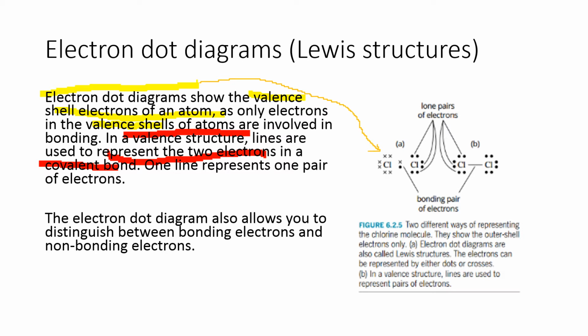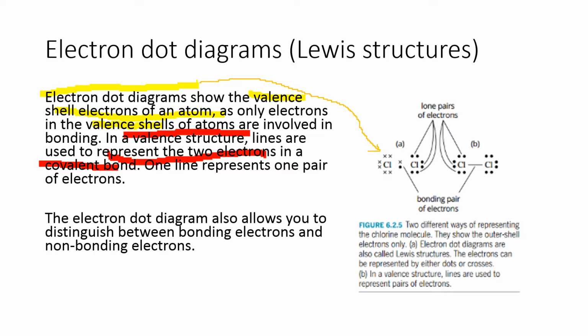If you look at diagram A, one electron is being shared by each chlorine atom. Eventually, you have Cl2. The bonding pair of electrons is represented, and the lone pair of electrons is represented by the dots or crosses, as you can see in this diagram.